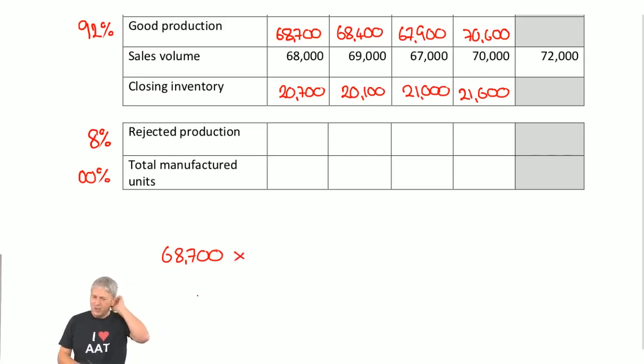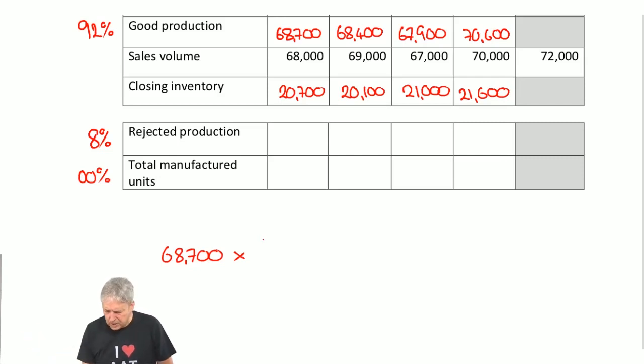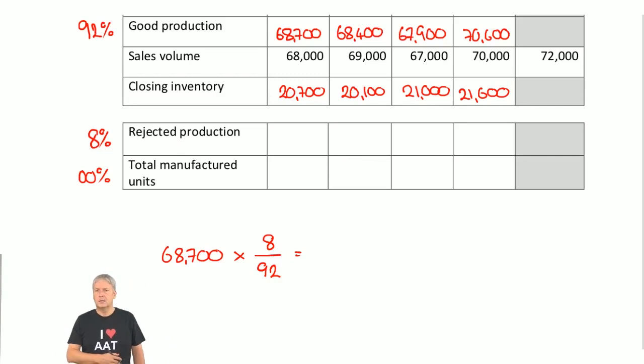Well, we could get the total manufactured units by taking 100 over 92. But I think we have to fill in everything. So my suggestion is simply to say that rejected product will be 8/92 of that. Does that make sense to you? Yeah? The relationship between the good production, the 92%, and the rejected products, the 8%.